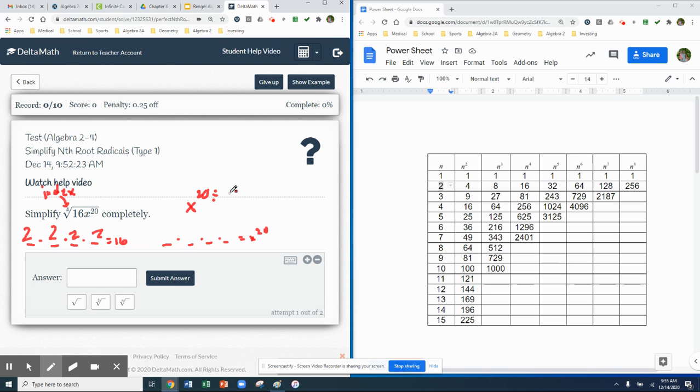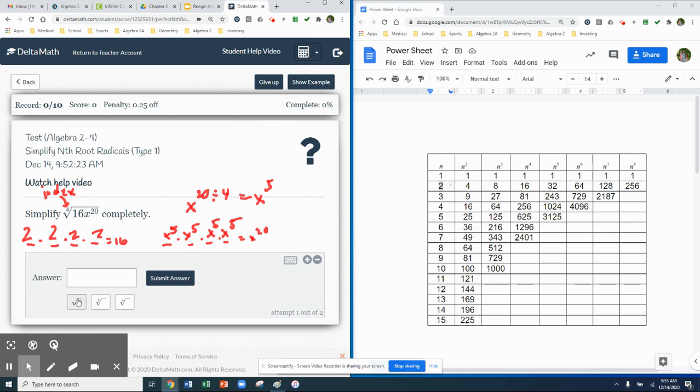Well, I can go the other way. I can divide by the index, and that's going to tell me x to the fifth power. So whatever power I'm raised to underneath my radical, I can take that 20 divided by the index. That's going to tell me that x to the fifth is the number that I'm going to multiply 4 times to get to x to the 20th.